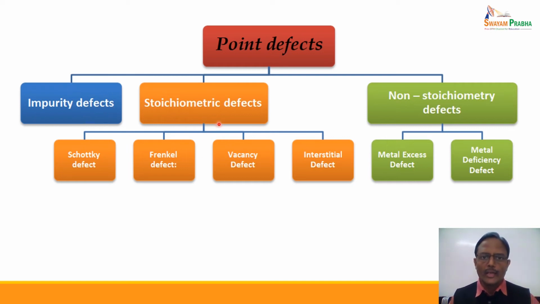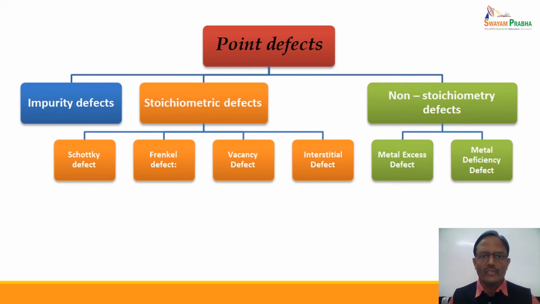The stoichiometric defects can be further classified as Schottky defect, Frenkel defect, vacancy defect, and interstitial defect, while the non-stoichiometric defects can be classified as metal excess defect and metal deficiency defect, while the impurity defects have no classification as such because it will be applicable to all the impurities.